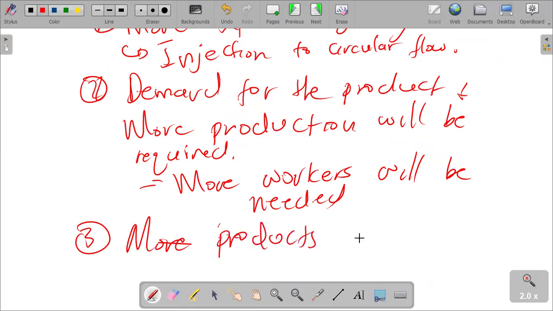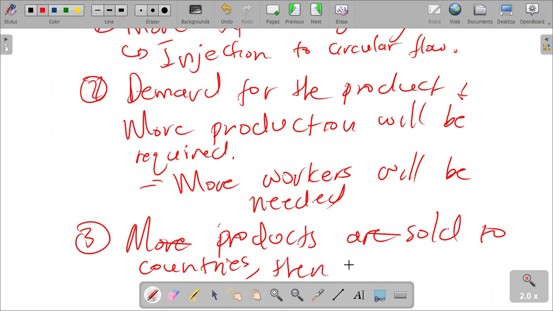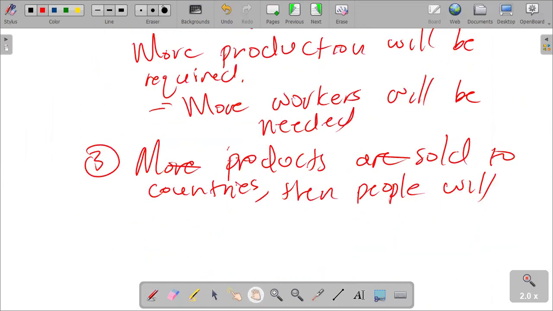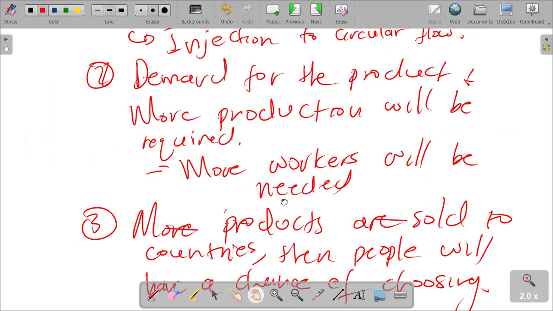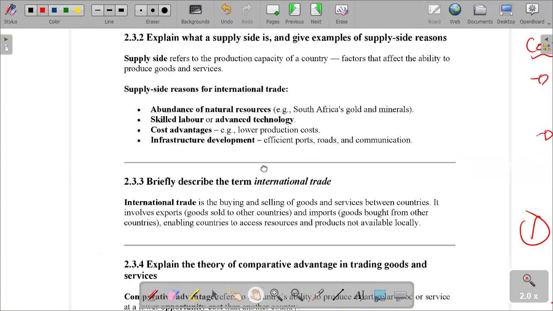And then consumer variety simply means that if more products are sold to countries, then people will have a chance of choosing which products they want. So this is what it basically means as the variety of products, right?